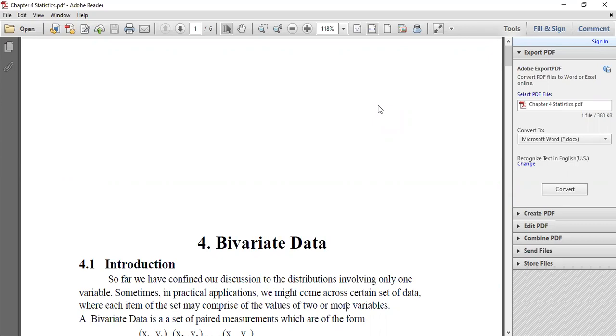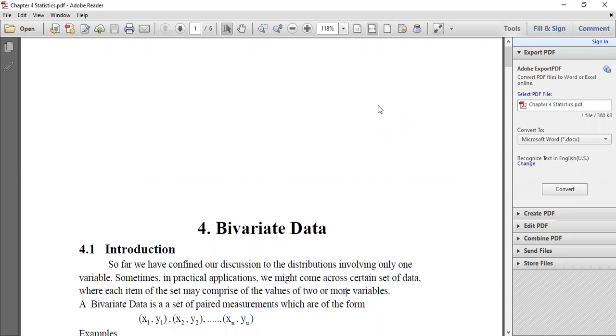So here we are considering two sets of data. Say we have a set of data X, so you have X1, X2, all the way up to Xn. We have another set of data, Y1 all the way up to Yn.